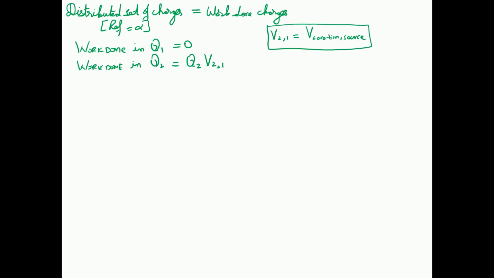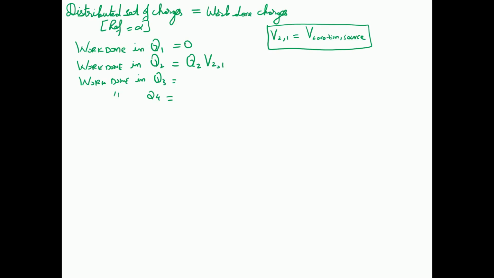Charge 2 basically experienced a potential at point 2 coming from source Q1. So this is what the statement means. Similarly, if I say what is the work done in bringing the third charge Q3 and the work done in bringing the fourth charge, we can go on, but let us stick to four charges.